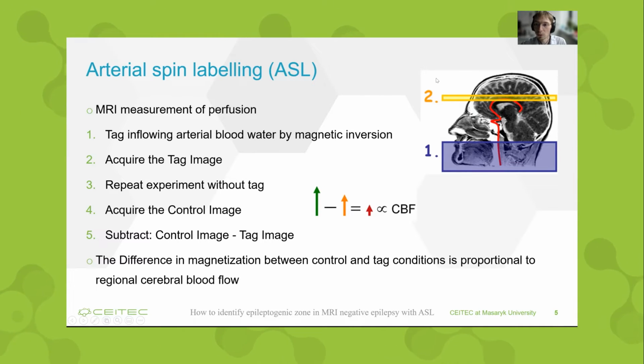And then we record the data. In the next step, we repeat the experiment without this tagging, and we acquire the control image. And then we perform subtraction of control and tag images. And this difference in magnetization between control and tag conditions is then proportional to regional cerebral blood flow.